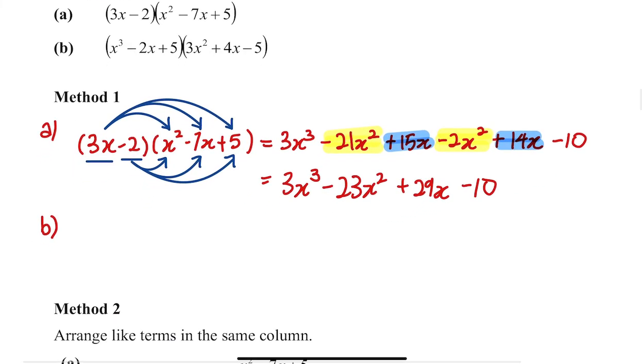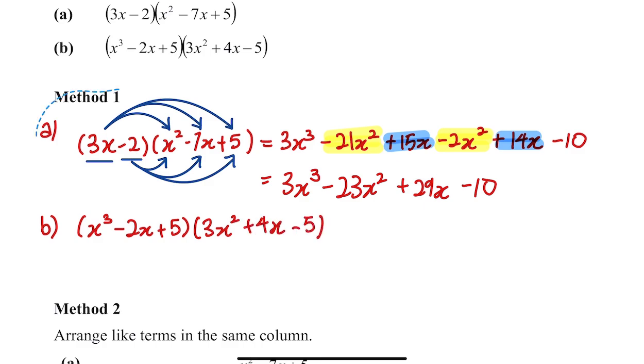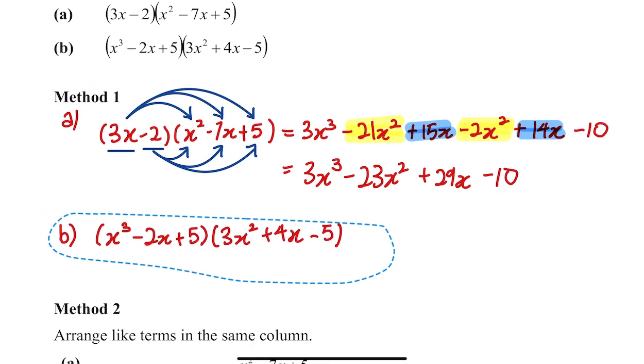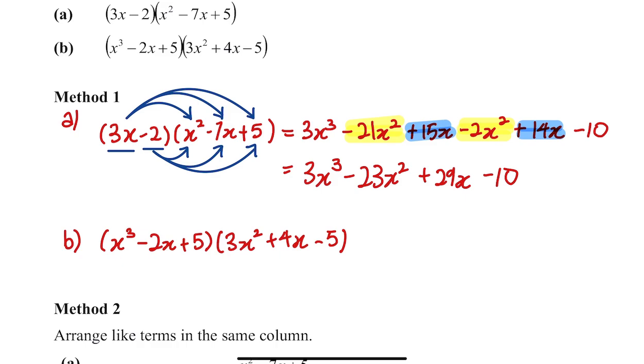Okay, over here, I have x cubed minus 2x plus 5 times 3x squared plus 4x minus 5. Okay. So very simply over here, you can just expand out step by step. Okay, so over here, I do it term by term.